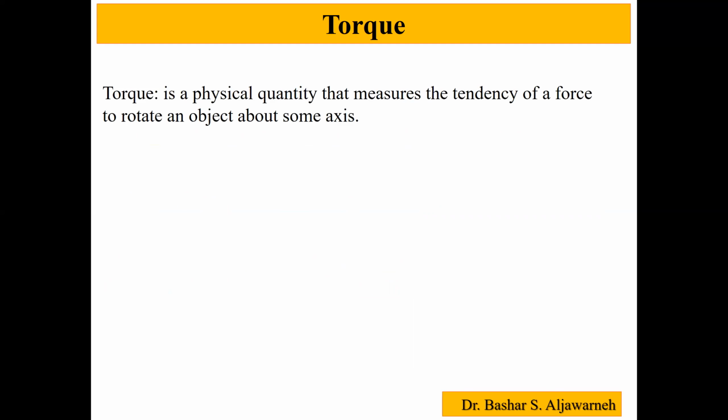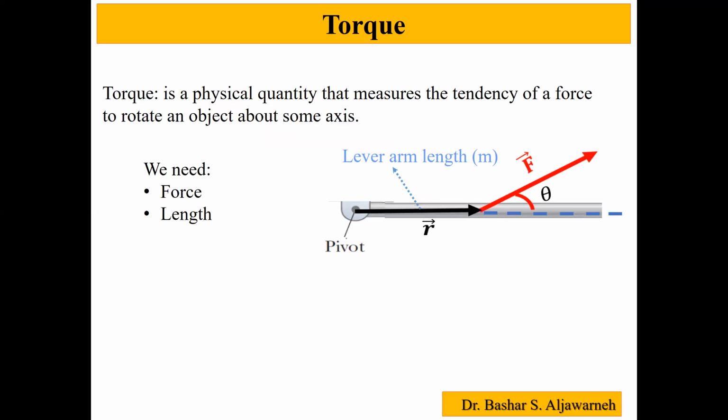Now, in general, torque is a physical quantity that allows us to measure the tendency of a force to rotate an object about some axis. As you can see here, we have a rigid object, which is along the x-axis, or sometimes can be along the y-axis. This object has the following parameters.